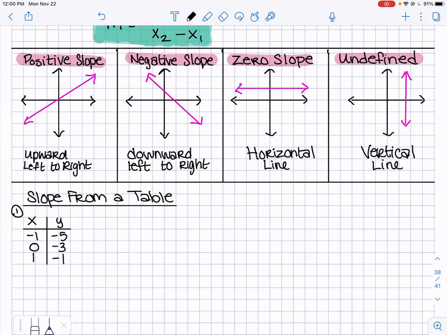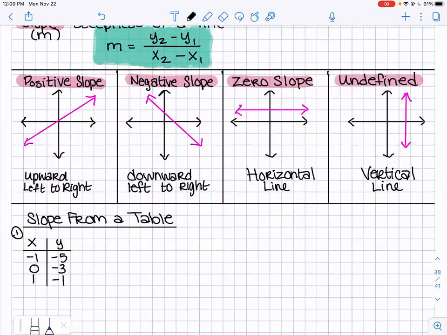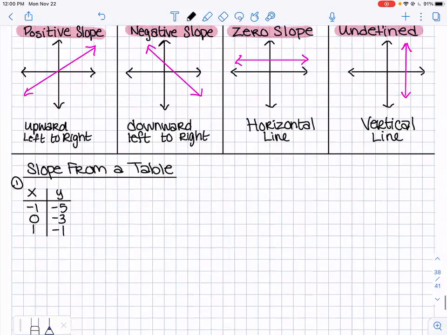Okay, so our formula for slope is y2 minus y1 over x2 minus x1. So looking at that, how many points do I need to be able to figure out slope? 2, right? We need 2 x values and 2 y values. If I have 2 points, I'm going to have 2 x values, 2 y values. So first thing, choose 2 points. Okay, so somebody choose a point.